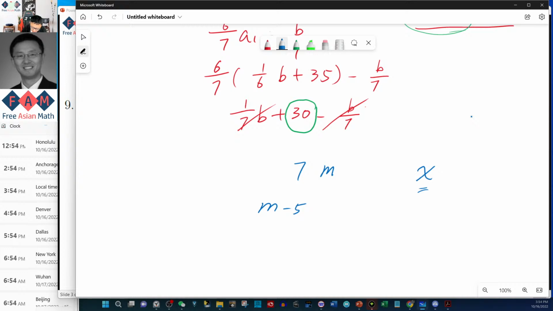Therefore, if you multiply this new mean by 6, this should give you the total of the other 6 numbers. And if you add the one that was removed, x, back, this should equal the original total, which is 7m.